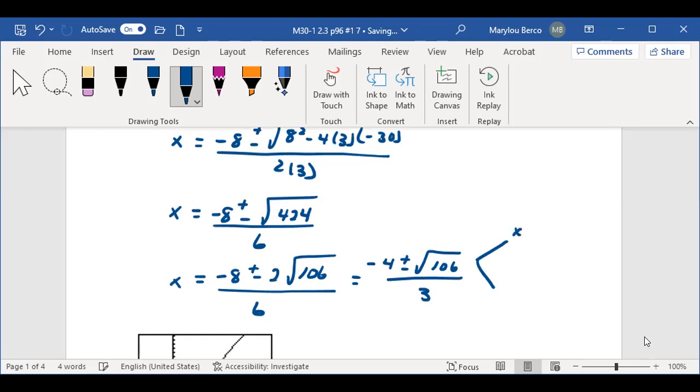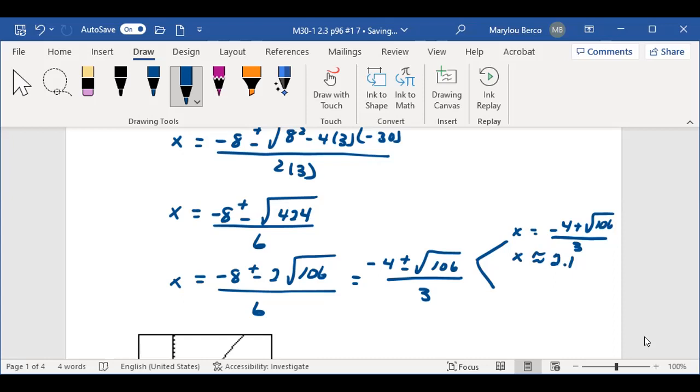We have x equals negative 4 plus root 106 divided by 3, and that is approximately 2.1.